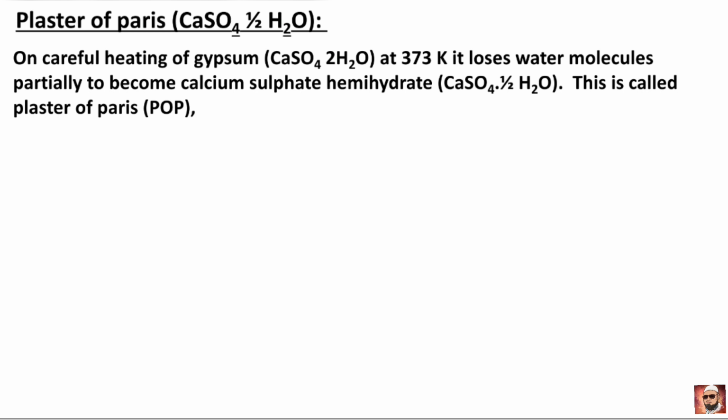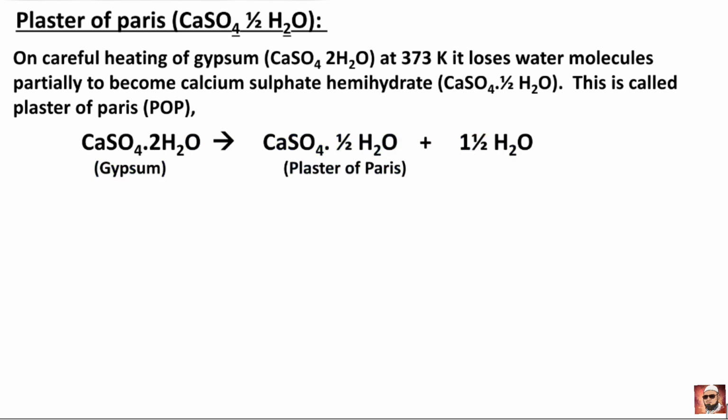Let's see the chemical reaction. When gypsum is carefully heated at a temperature of 373 Kelvin, it forms CaSO4·1/2 H2O. We call it plaster of Paris, or calcium sulfate hemihydrate.